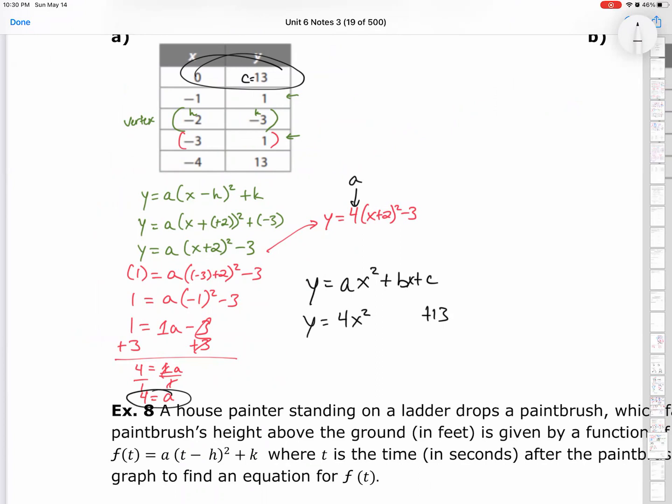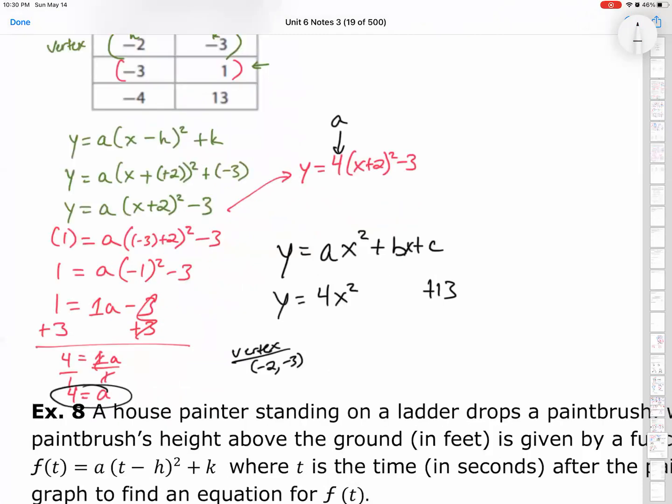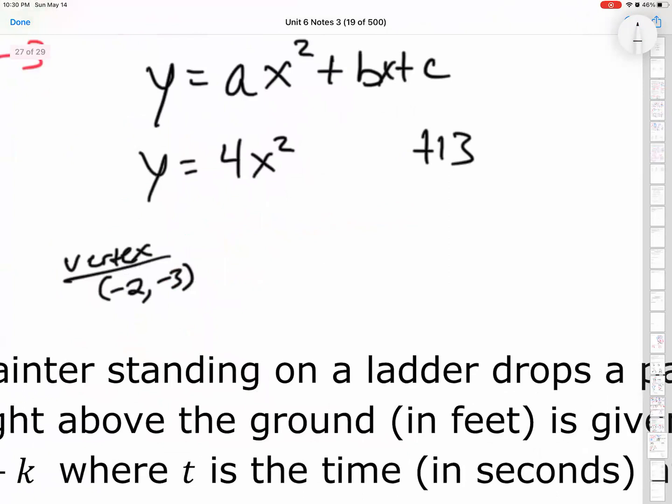Well, fortunately, we actually have a lot of things to be able to help us find the b value, namely the vertex and our a. And so our vertex, again, is (-2, -3), right? Now, to find the vertex in standard form, recall it's x equals opposite of b over 2 times a.